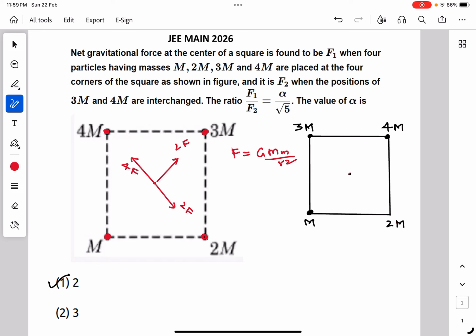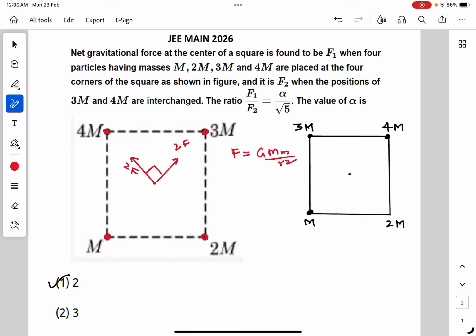Since these two forces are in the opposite direction, the resultant would be 2F in this direction. The angle between these two forces is 90 degrees, and their resultant is F1.